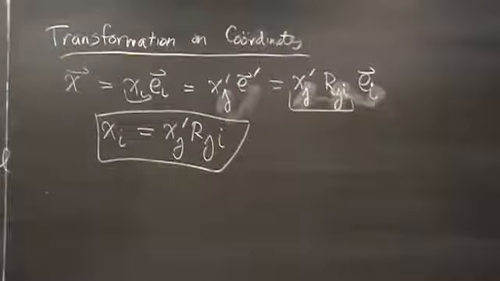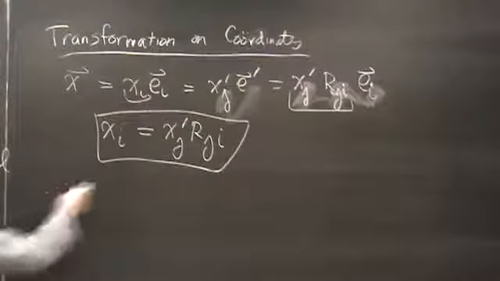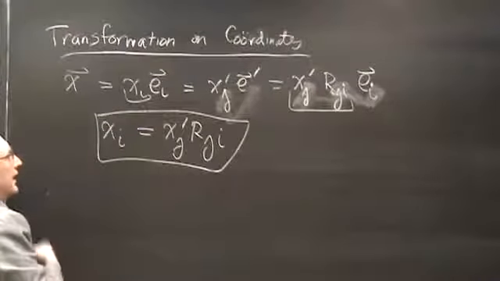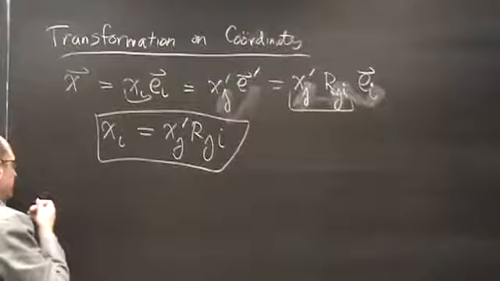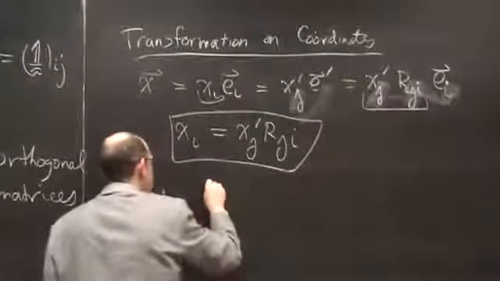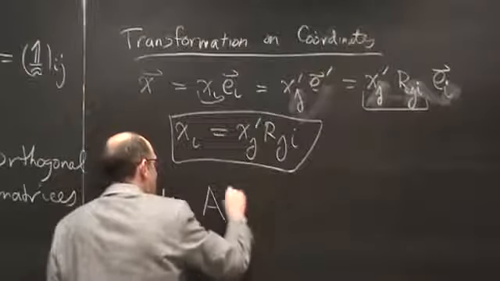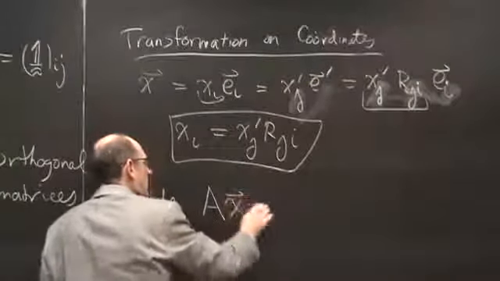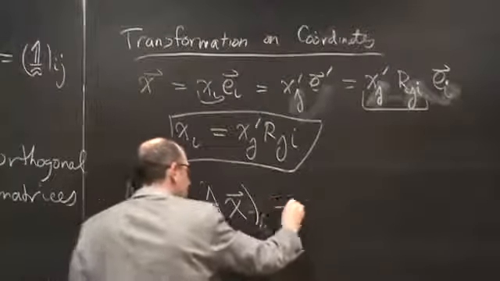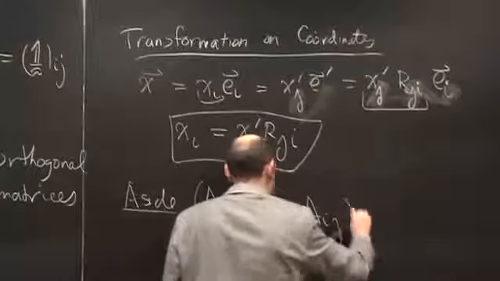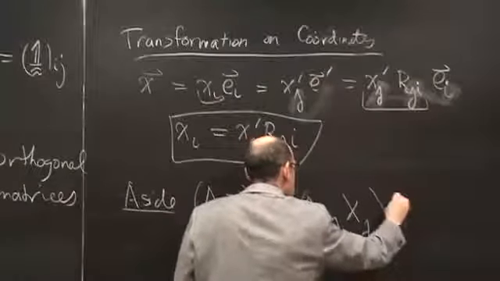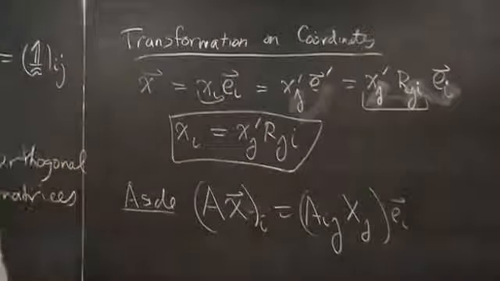Okay, so now, as written, this is a perfectly fine equation, but it's quite often useful to think about this as a matrix equation. So again, let me write a little aside. If I have a matrix times a vector, and I want to look at the new vector, then I can think about that as a matrix equation.